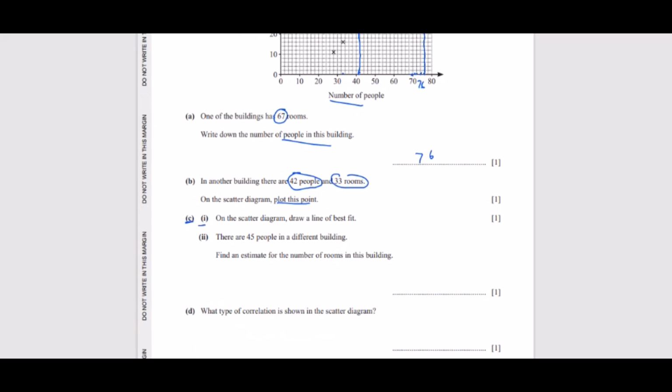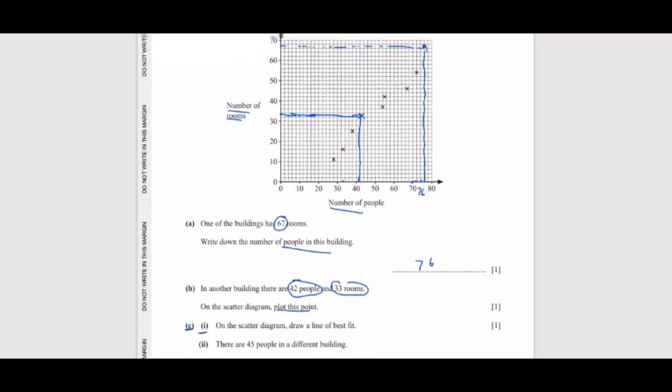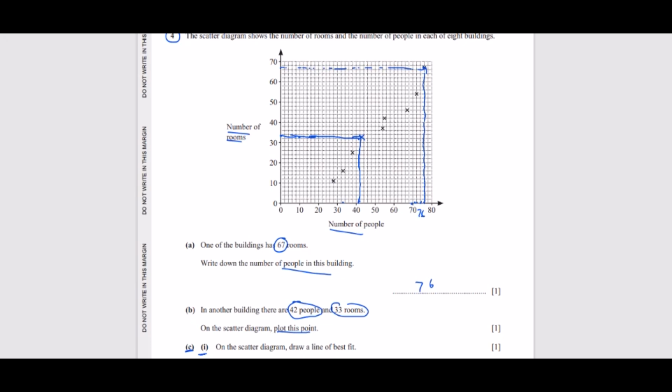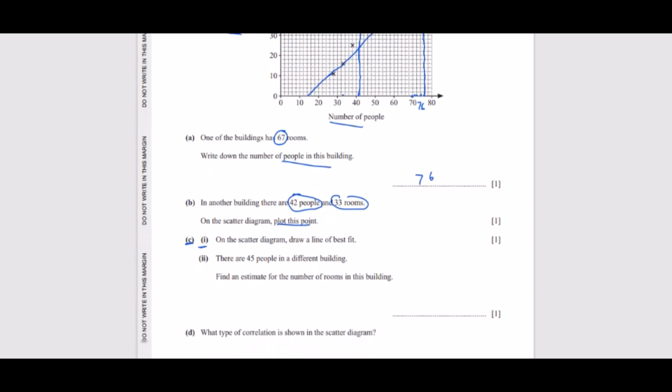Part C. On the scatter diagram, draw a line of best fit. So draw the line of best fit through the scatter. So this is the line of best fit. There are 45 people in a different building. Find the estimate of the number of rooms in the building.